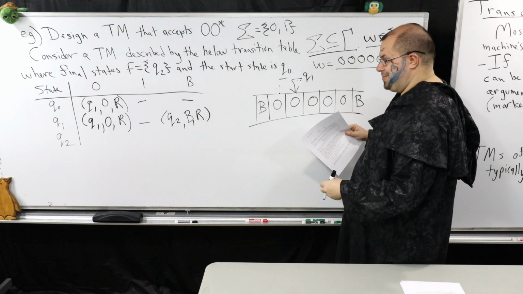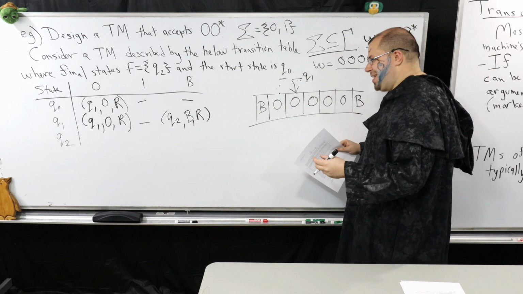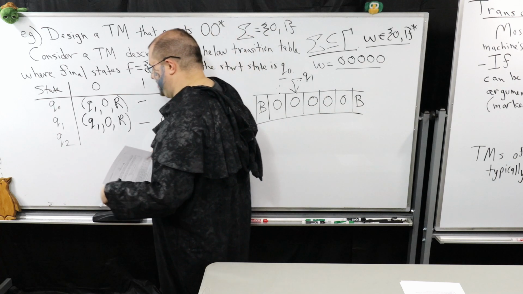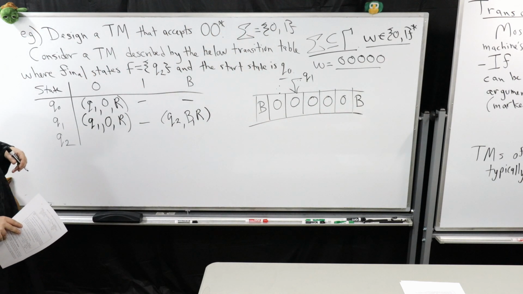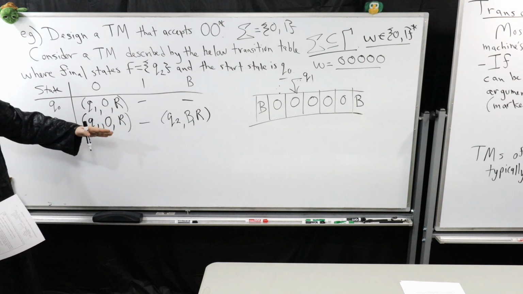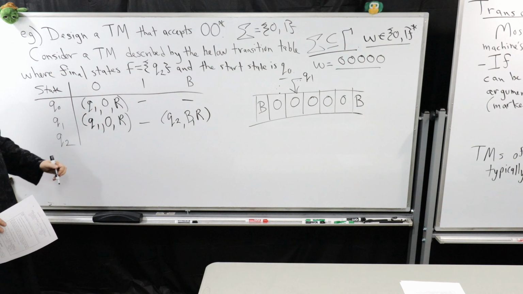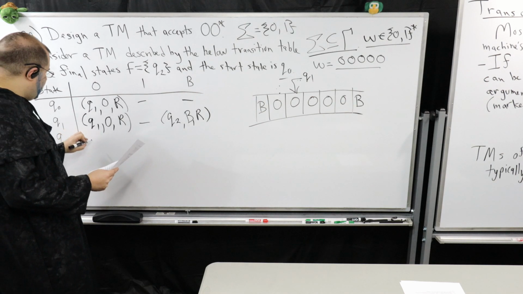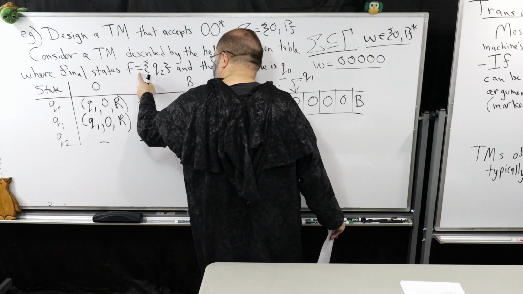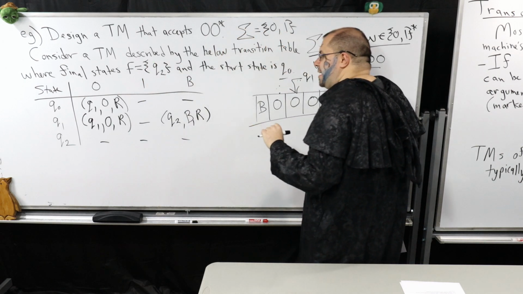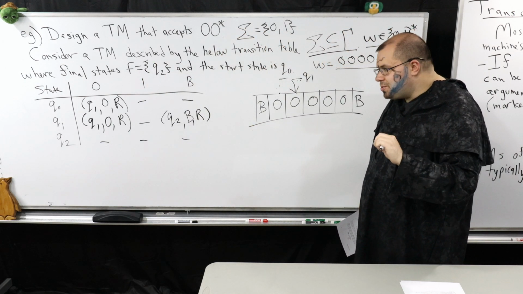If you take a look at the notes, it'll probably be a 1. But it really doesn't matter at this stage, because notice that I've read all the way to the right and I've hit that blank symbol. That means we're all good to go. So that will take me to Q2. And since I've defined Q2 to be a final state, when it reaches Q2, it will accept.